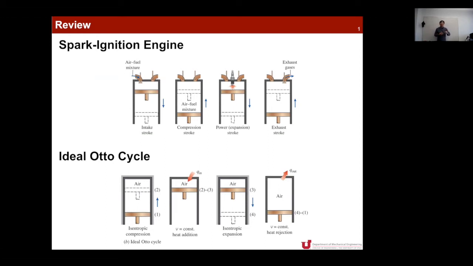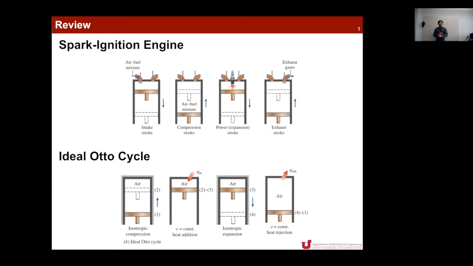If you look at the 4-stroke spark ignition engine, then you can see that the engine has 4 strokes to make one cycle. It starts from the intake stroke, where the fresh air and fuel mixture comes into your engine. Then the next stroke is the compression stroke.